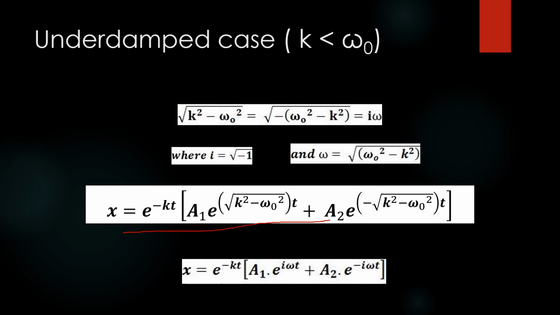Then in this equation, instead of the term root of k square minus omega 0 square, we substituted i omega, where i is root of minus 1 and omega is root of omega 0 square minus k square. So the solution becomes: x is equal to e raised to minus kt into a1 into e raised to i omega t plus a2 into e raised to minus i omega t.